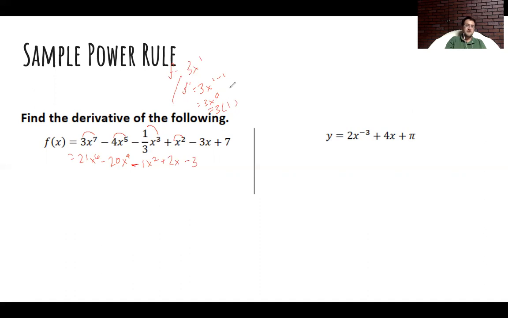So just remember, x to the 0 is 1. And then the derivative of a constant. I would actually write a little note to yourself: the derivative of a constant is 0.